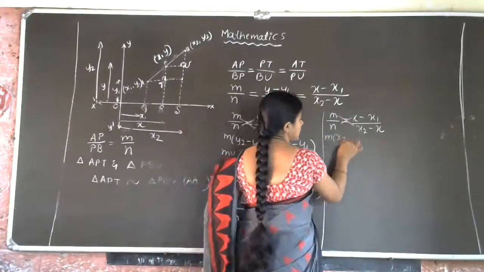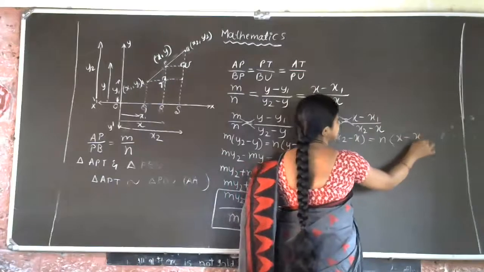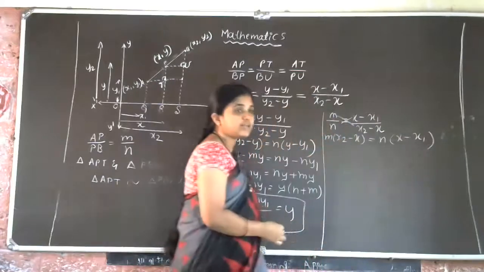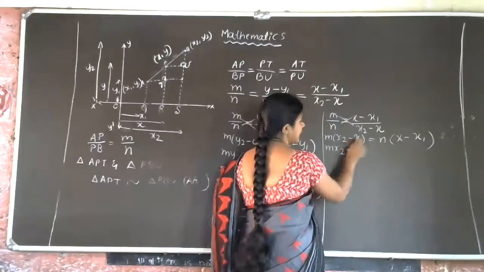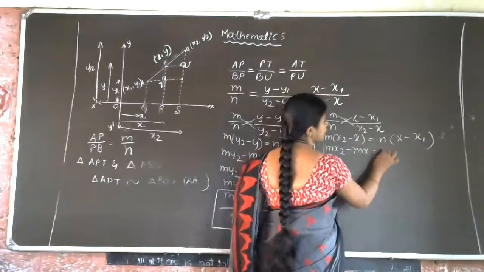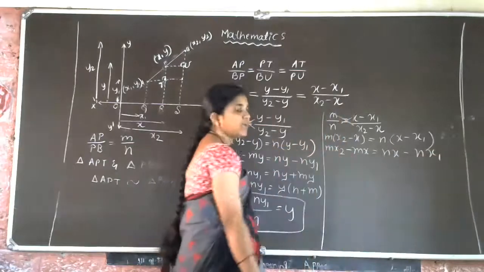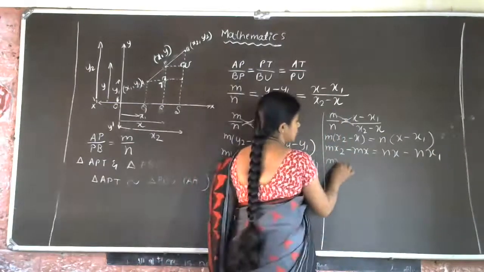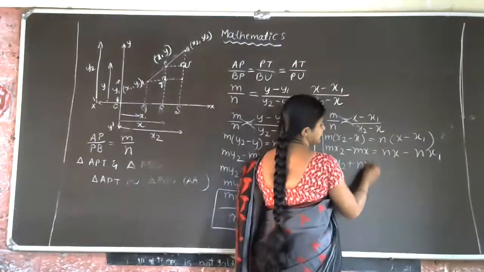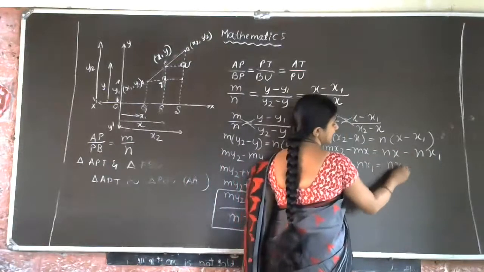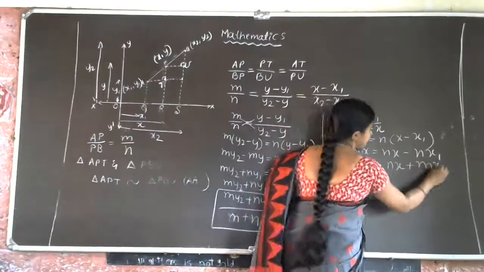M into X2 minus X is equal to N into X minus X1. Got the idea, no? Next, multiplication: MX2 minus MX is equal to NX minus NX1. Next step, MX2, take this NX1 to this side, plus NX1, which is equal to NX, and transfer this minus MX to this side as plus MX.